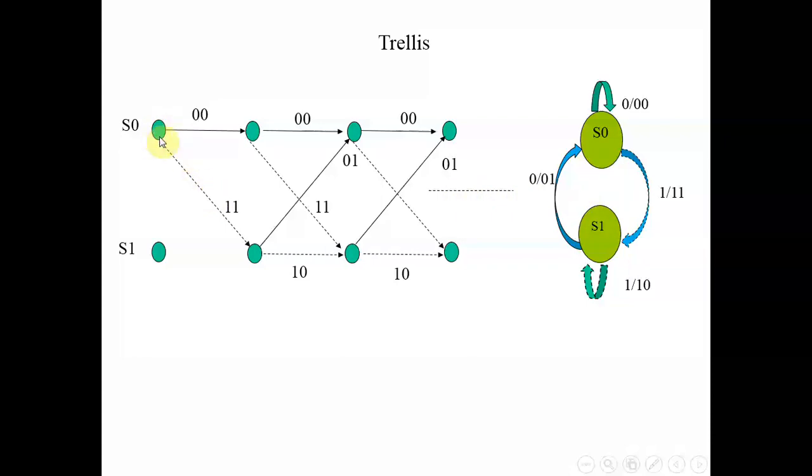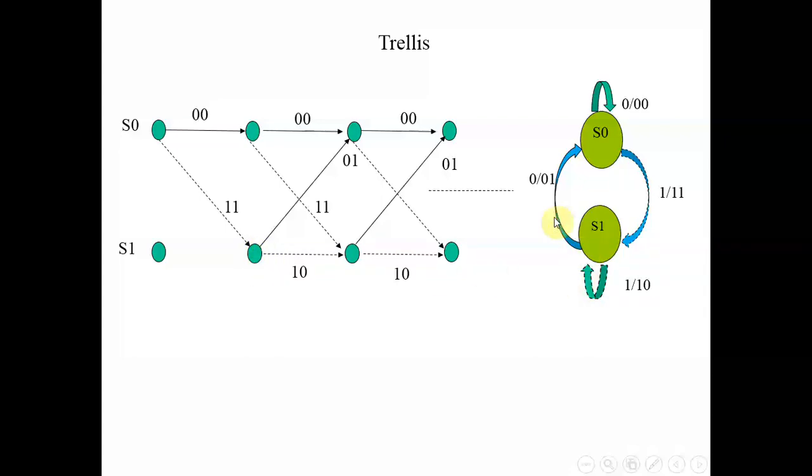So S0 is the initial state. After first clock it will go to S1, so the second stage, and after one more clock you will be in the next state. So again there are two possibilities: either I am receiving 0 when I am in S0, so I go to S0, or I go to S1. So assuming that you receive 0 and you are in S0, now again you are in this state. Again two possibilities: S0 to S0 or S0 to S1, right? And if you are in S1 right now at this place, then there are two possibilities.